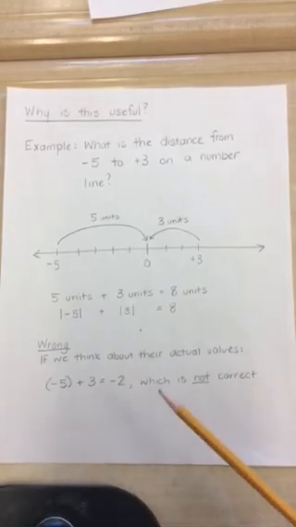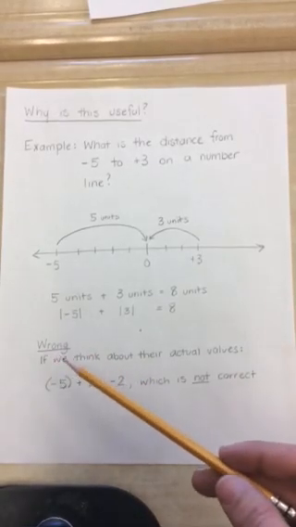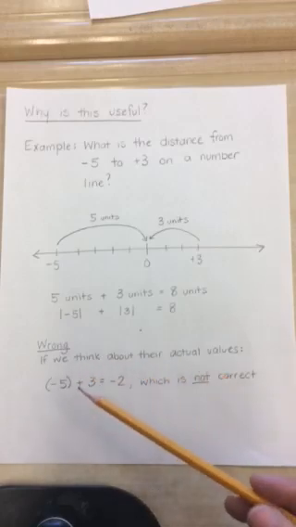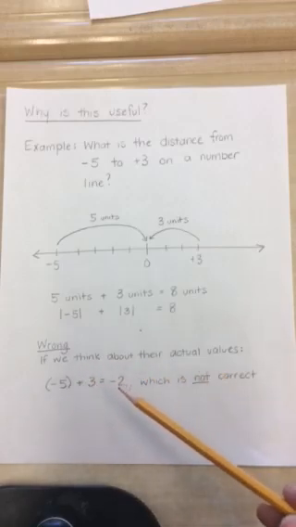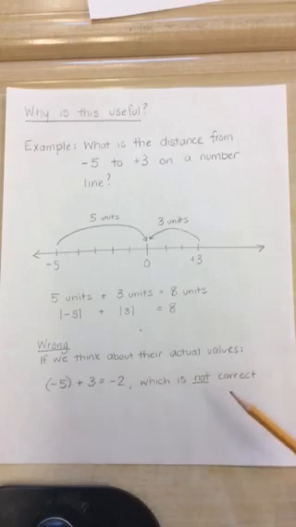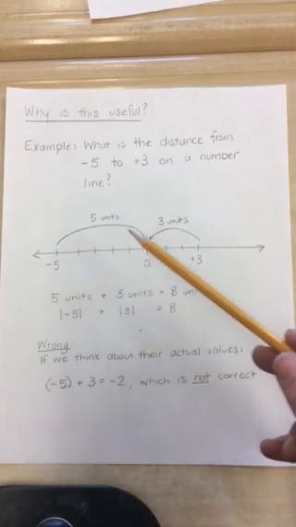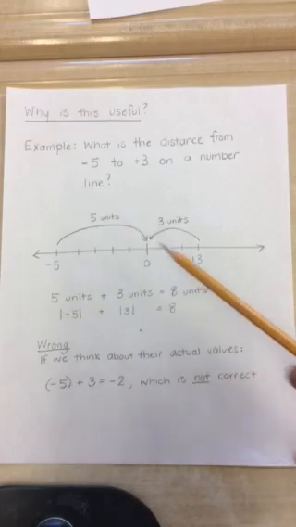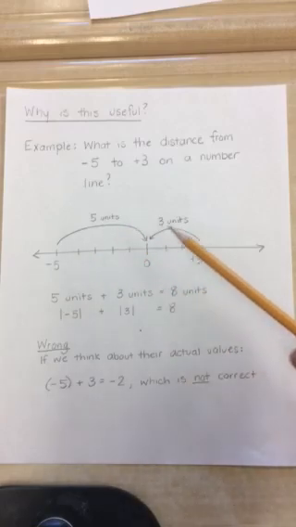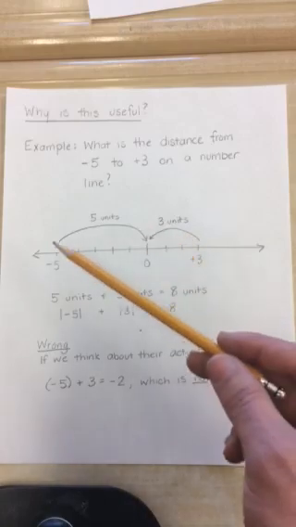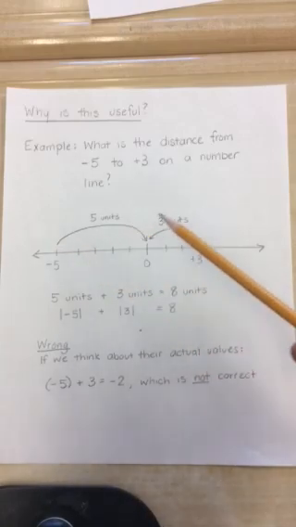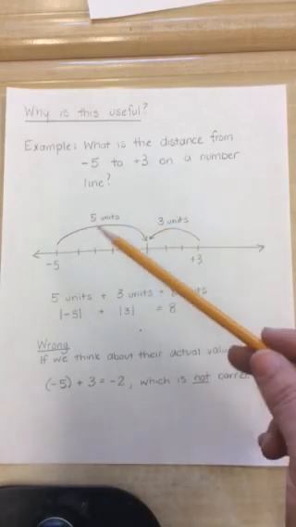I'm actually going to start with the wrong way. If you were to just combine these numbers, -5 plus 3, the answer to that is actually -2. That's not correct. What you really want to think to yourself is the distance between here back to 0 is 5. The distance between +3 back to 0 is 3. Well, that entire distance could be figured out by adding these two absolute values together.